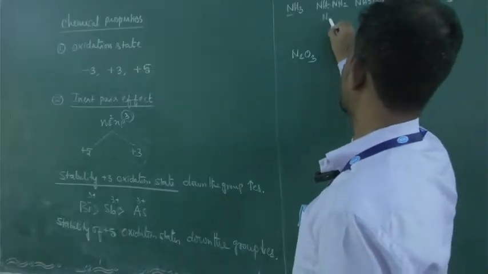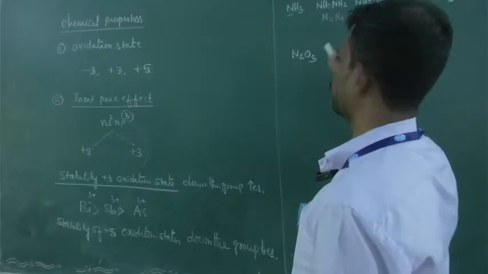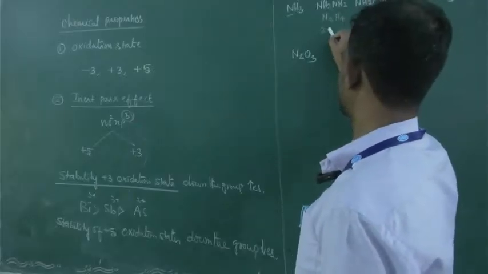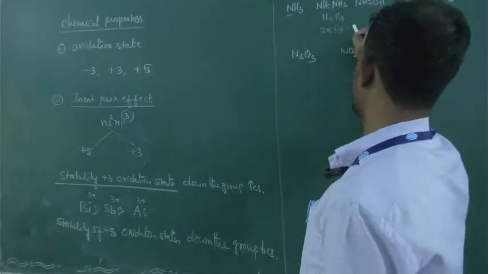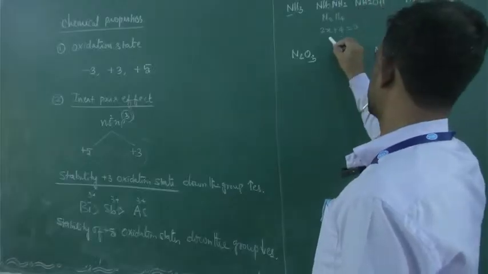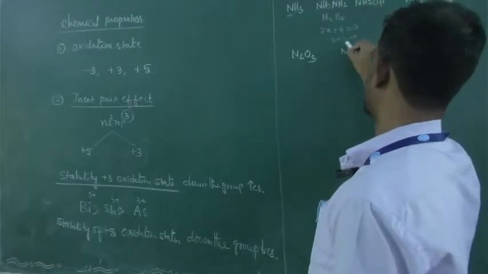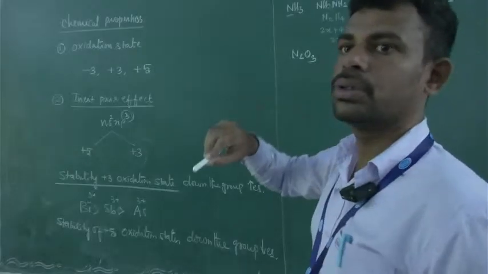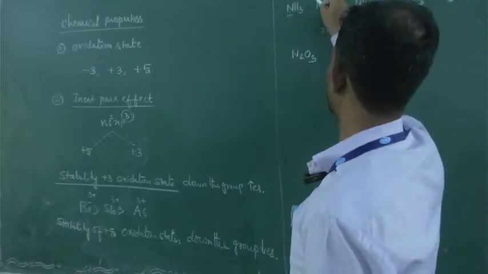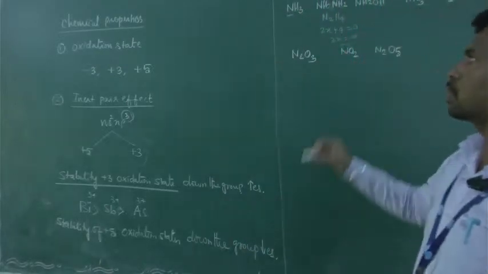This is N2H4, so 2x + 4 = 0, 2x = -4, x = -2. For nitrogen, it is -2. What about in this case?